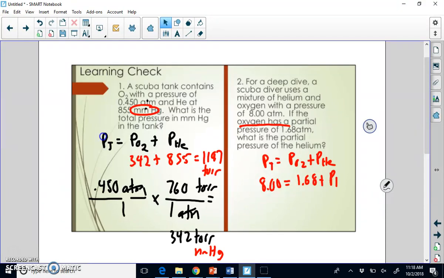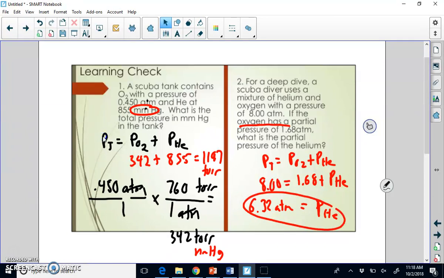Well, we know that the total has to add up. If you add these two together, they have to add up to the total pressure. So we simply need to subtract the pressure of oxygen, and this is algebra, to get the pressure of helium. So we have 8 minus 1.68, and we get 6.32 atmospheres for the pressure of helium.